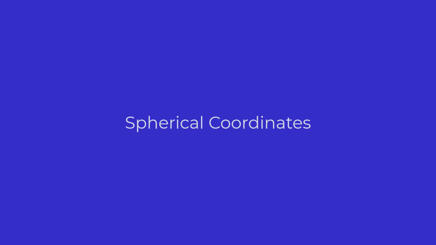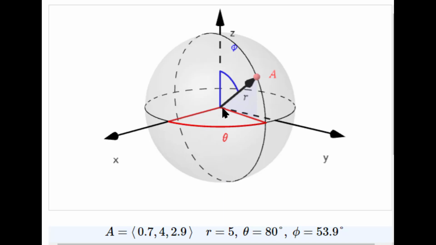Spherical coordinates are defined by r, which is the distance from the center of the sphere, and theta, which is the angle measured in the counterclockwise direction from the positive x-axis, and the polar angle, which is measured from the z-axis.